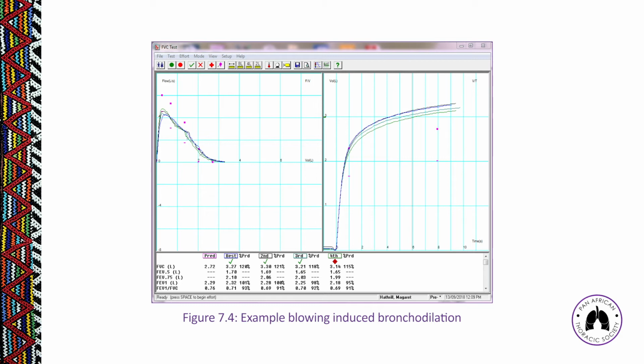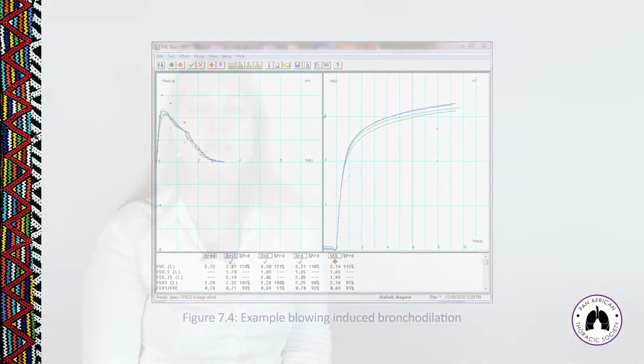And the numerical results for the FVC and FEV1 get higher with each subsequent blow. So if you look at the FEV1 on this printout, the FEV1 goes from 2.18 to 2.25 to 2.28 to 2.32 liters. So as I said, it's very important that when you see blowing-induced bronchodilation, you keep that child blowing until that dilation has stabilized.